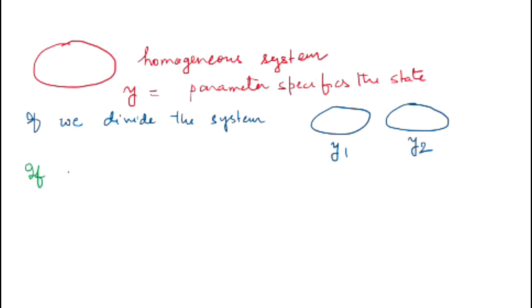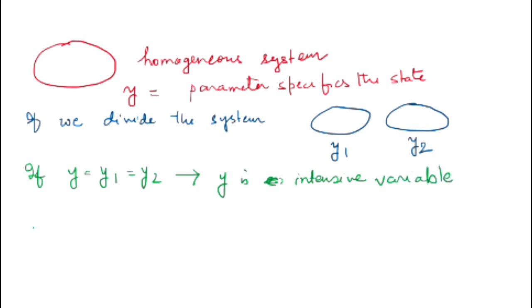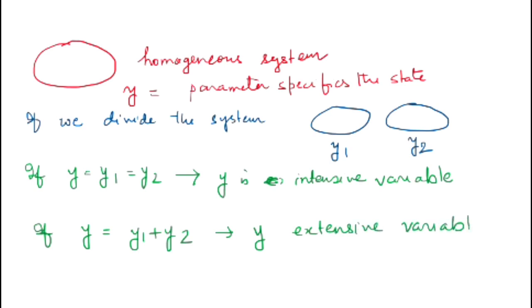Now, if y is equal to y1 is equal to y2, then y is an intensive variable. If y is equal to y1 plus y2, then y is known as an extensive variable.